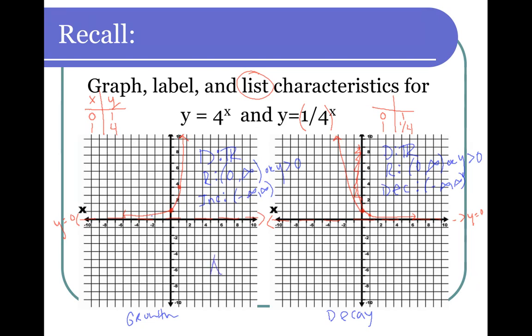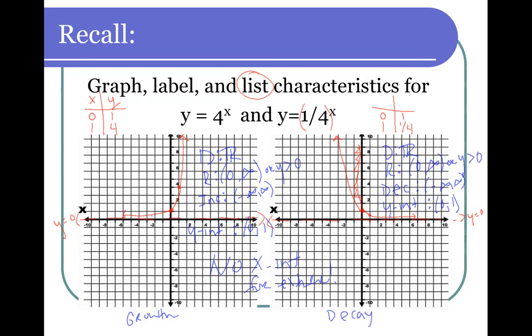Neither one has an x-intercept. They both have a y-intercept at (0, 1). I'm sure I'm missing something: no x-intercept, increasing, decreasing, domain, range.